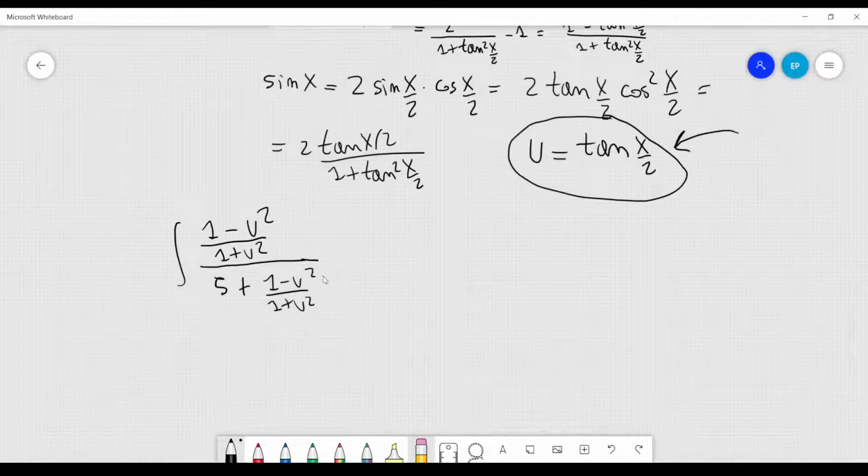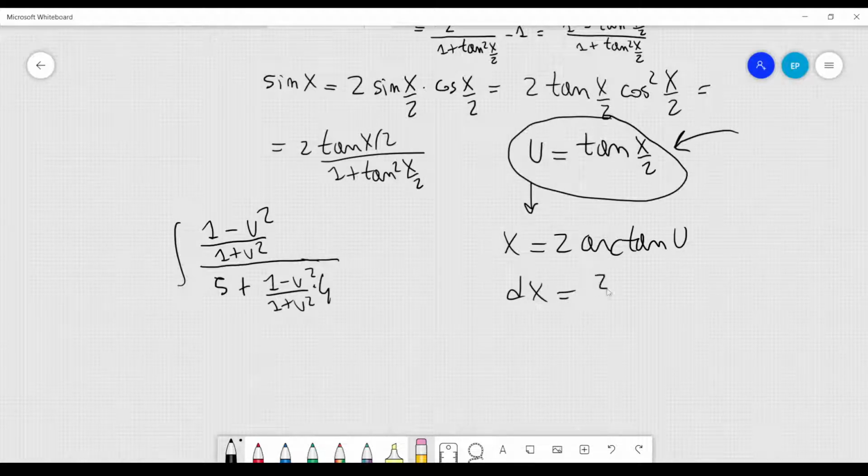We have to multiply this by 4, and also we have to find the dx. How can we find the dx? We can find it in terms of du from here, because x is equal to twice arctangent of u, and dx is equal to 2 over 1 plus u squared du.